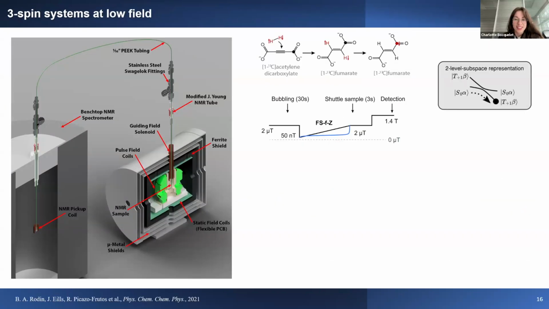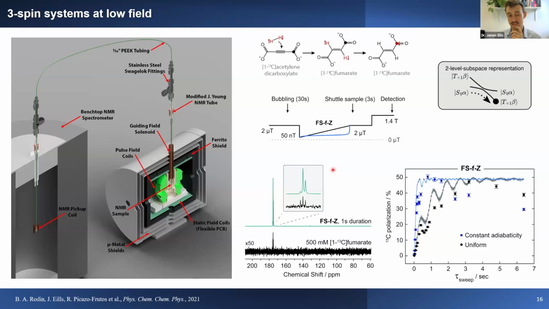Okay, great. So time invested to collect data, that's a good question. I mean, you basically do a single experiment. These experiments are relatively easy to do. You're bubbling hydrogen through a sample, you apply some magnetic field, and you detect at high field. So it might take a minute or so to do an experiment like that. And you're collecting some signal.